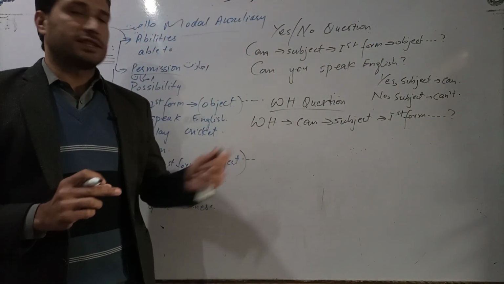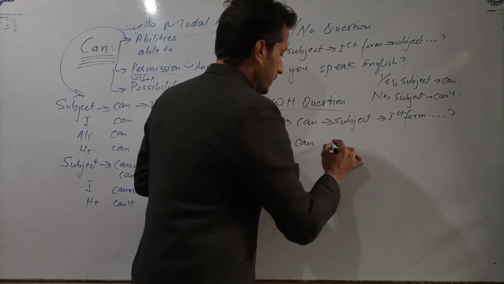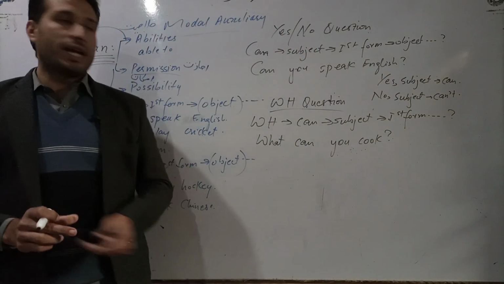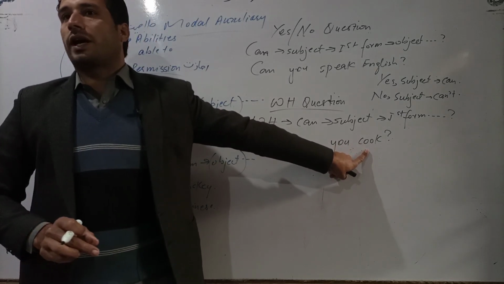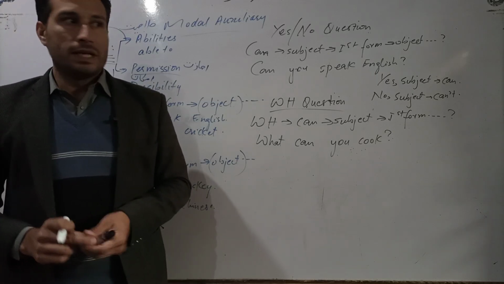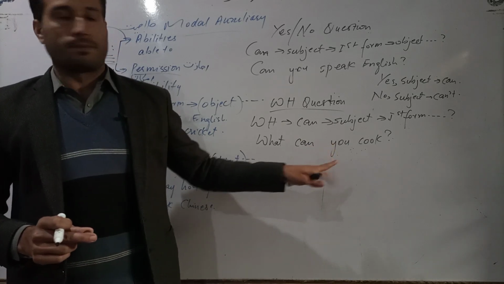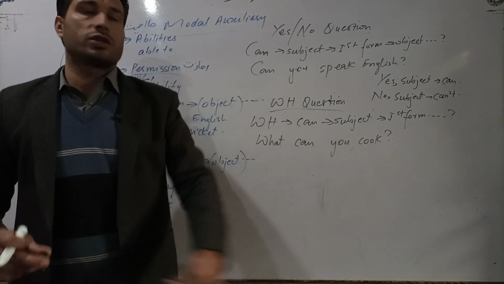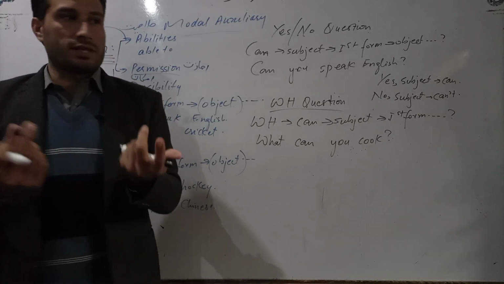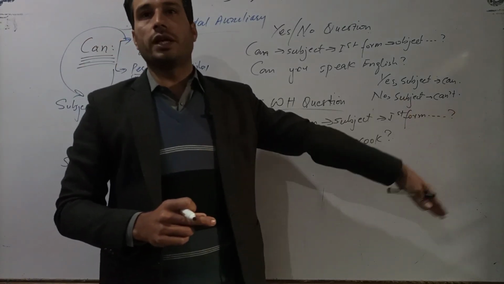So for example, what can you cook? Now only change this verb. What can you write, what can you speak, what can you bring, what can you buy. Are you getting it? Like you have thousands of questions with this one single structure. Only change the verb and you get a new question. So what can you cook, what can you buy, what can you write, what can you read.